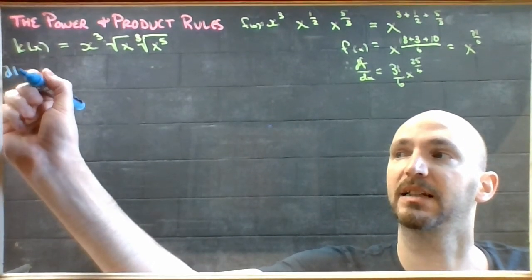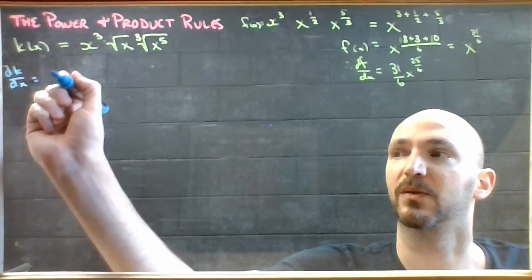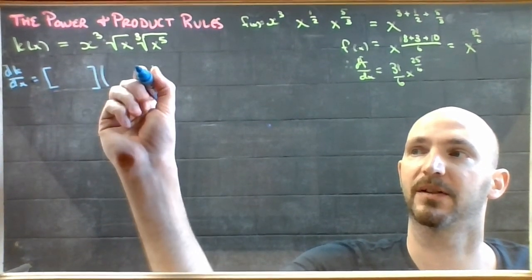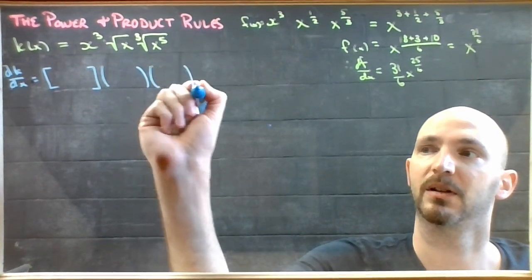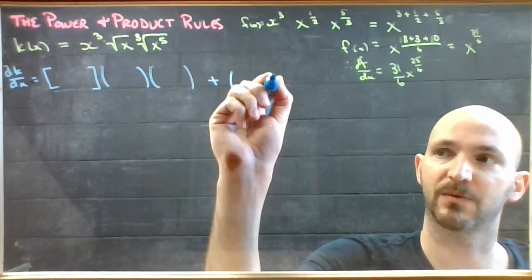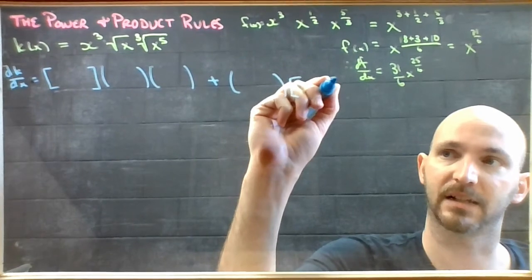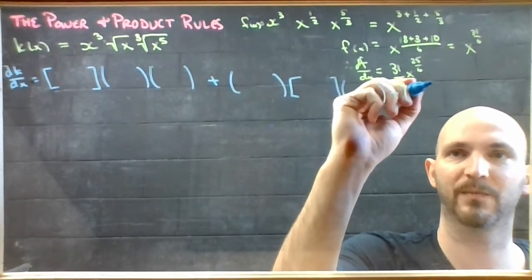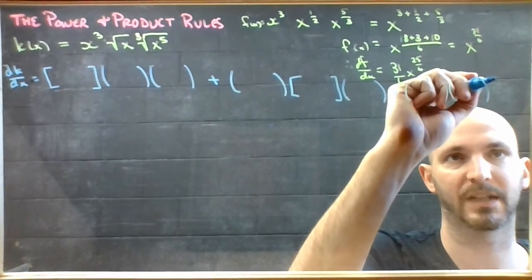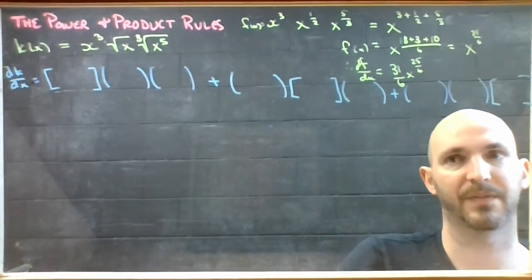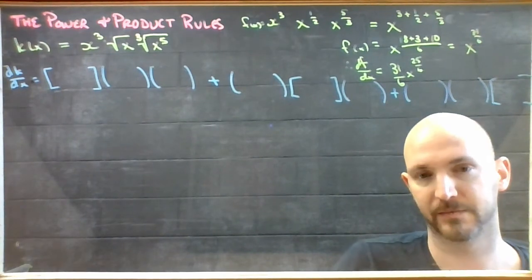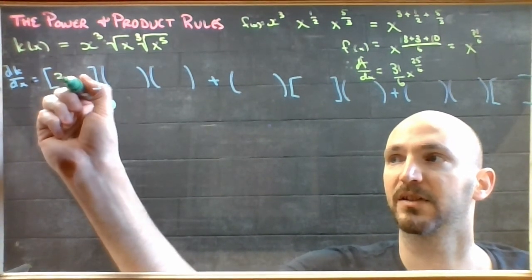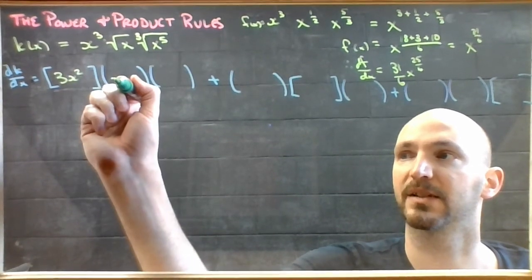So dk dx then is going to need a square bracket for the first part, and then you leave the other two alone. And then you're going to leave the first one alone and take the derivative of the second. And then you're going to run out of room. Leave room for the first one, for the second one, and then derivative of the third. Okay. So in they go. Derivative of x cubed is 3x squared. Leave this alone.